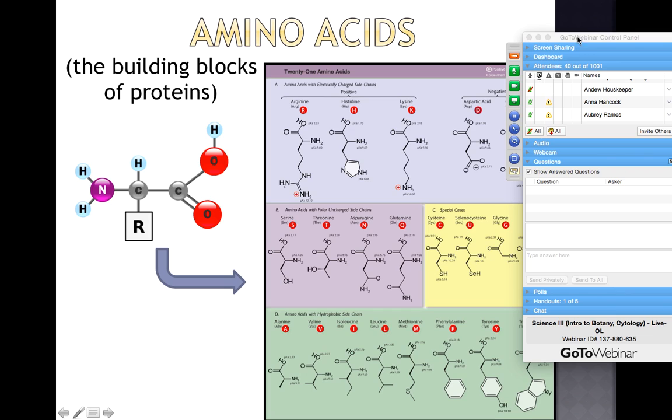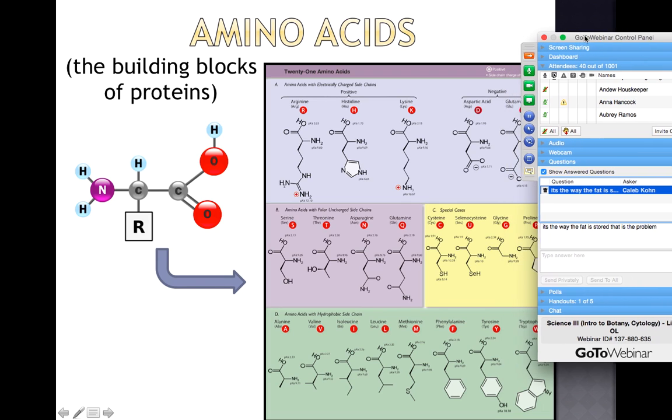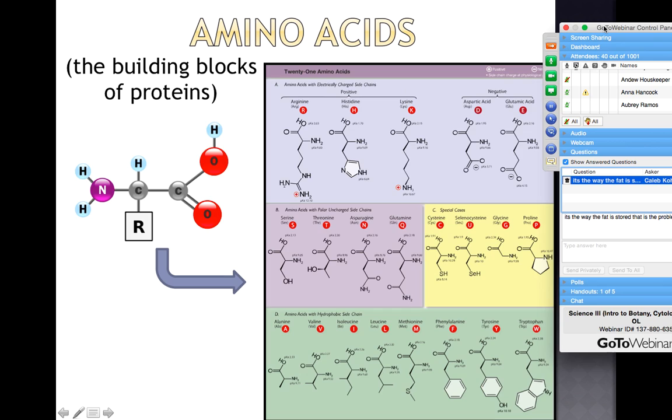All right. So Caleb says it's the way the fat is stored that is the problem. That's right. If you have too much of a good thing, it can be too much. Most of the time, for molecules that are water soluble, if the body has too much of them, they can be excreted in sweat or urine.